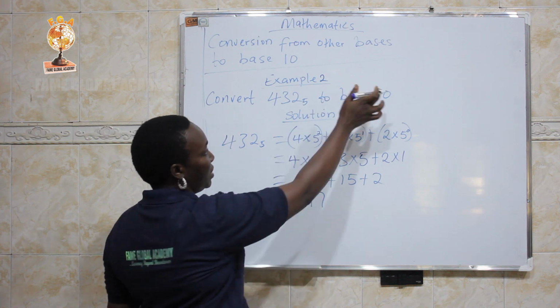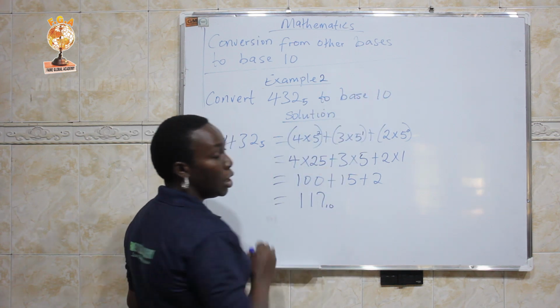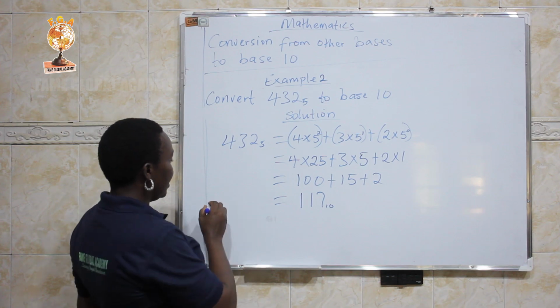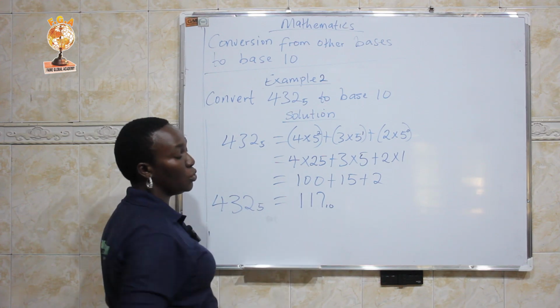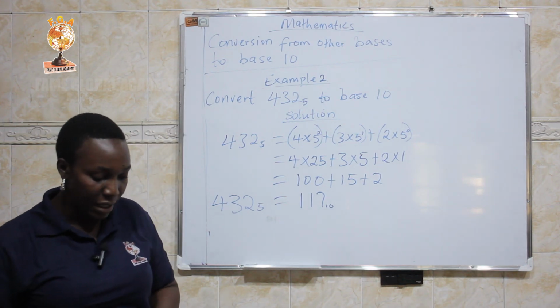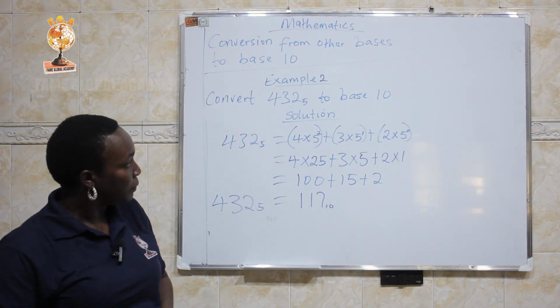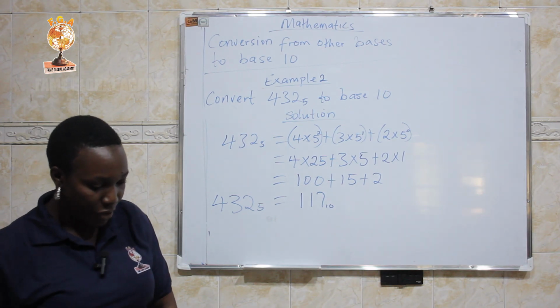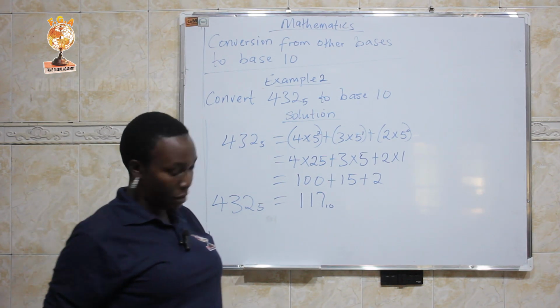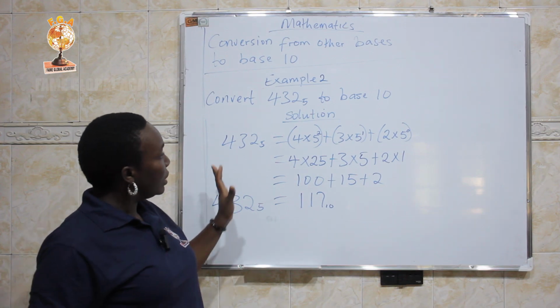Base what? Base 10, because we are converting to base 10. So our answer is 432 base 5 is equal to 117 base 10. Alright, so this is our answer.